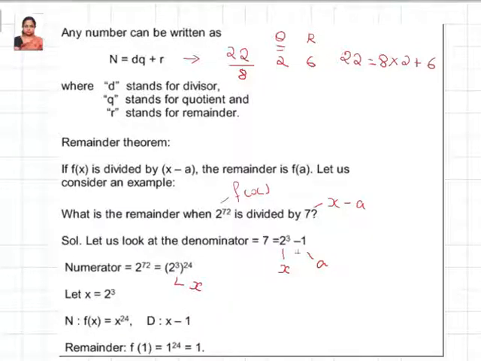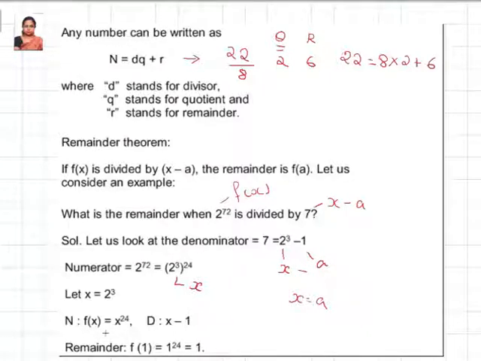Also, this is like x minus a, 2 power 3 minus 1. So we have to substitute x is equal to a, that means 2 power 3 is substituted as 1.